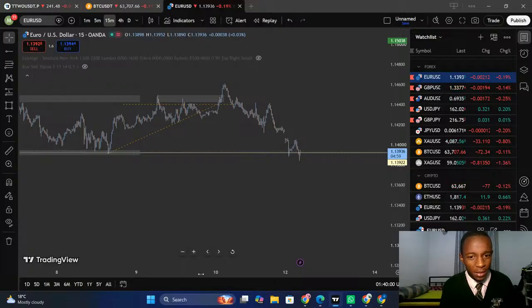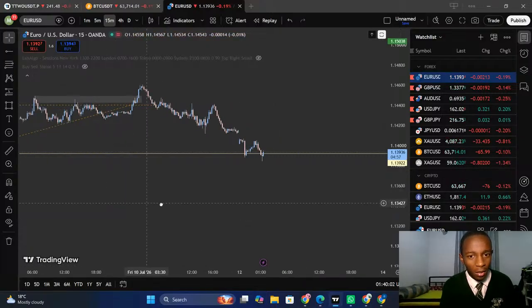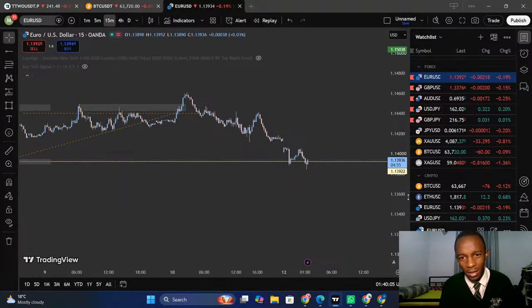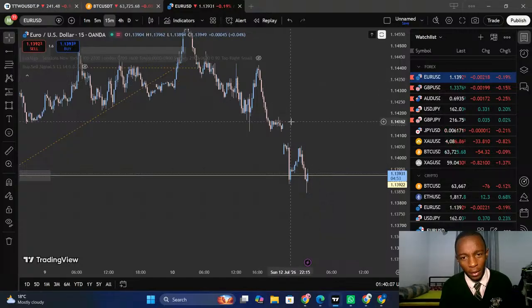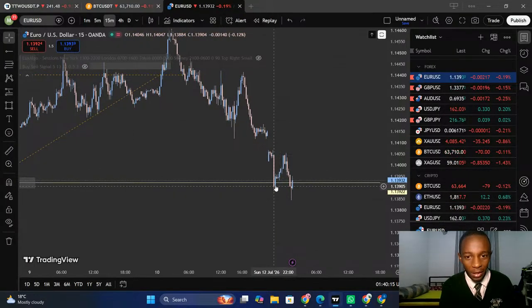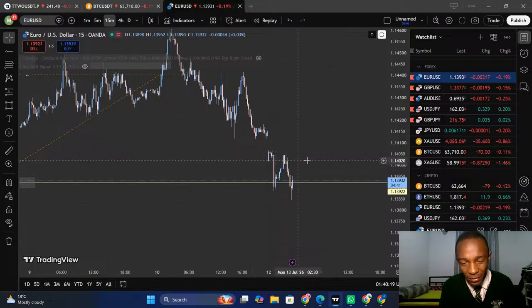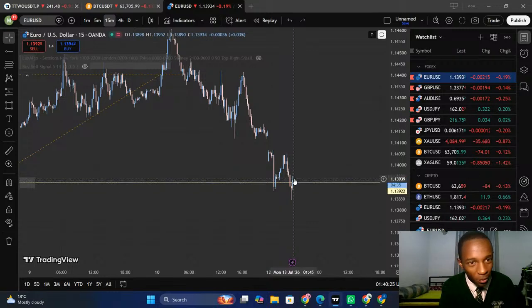In my 15-minute time frame, after leaving this gap behind, we had this huge imbalance area, which we had to fill the orders for ASAP. We were forming this fair value gap, which has already been reacted from.